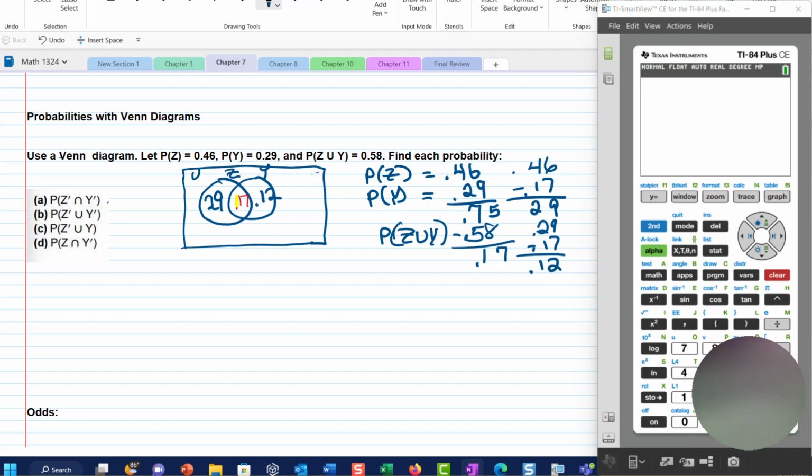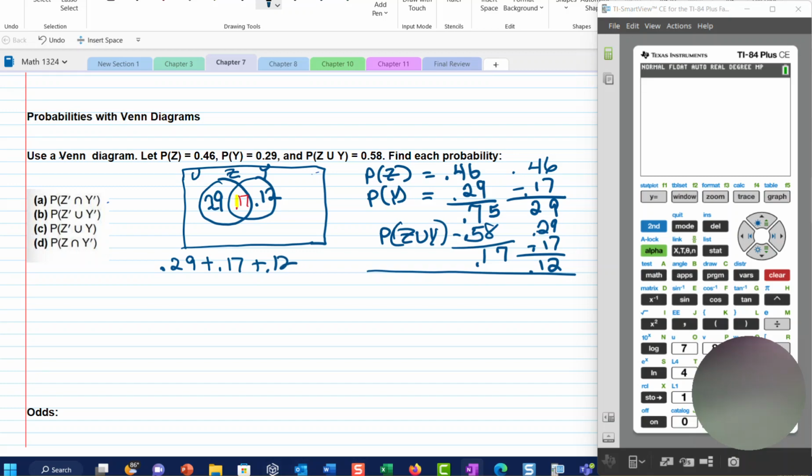All right. So now we have our Venn diagram, and we're going to add up all these numbers, and they should equal 58. The reason I say do that is because we have calculators.